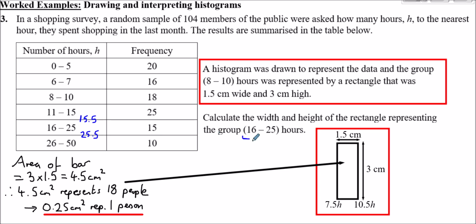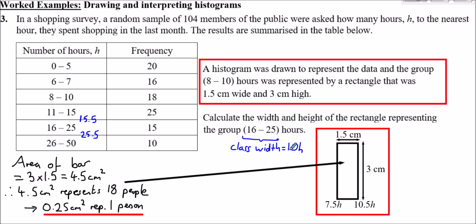It's tempting to do 25 take 16 and think the width is 9, but actually considering the absolute boundaries, the class width of this one is 25.5 minus 15.5, which is 10. So that class width is going to be 10 hours.